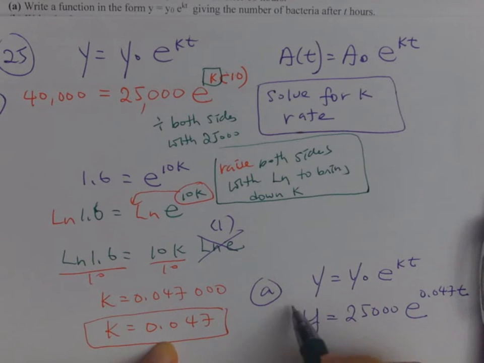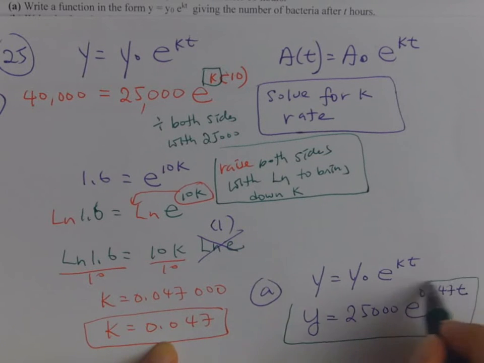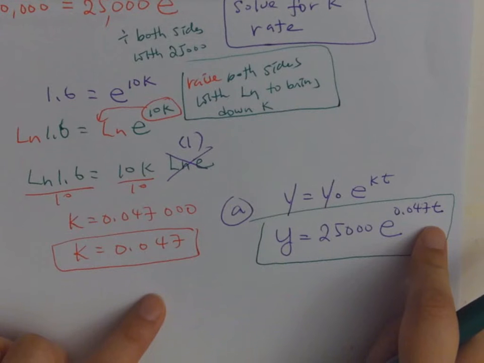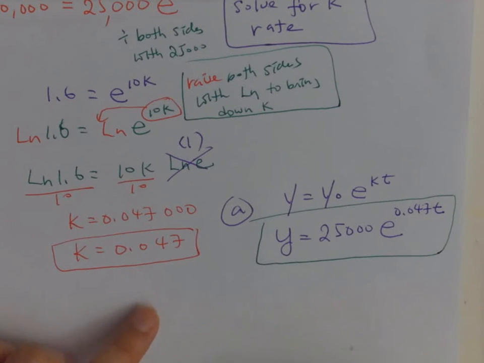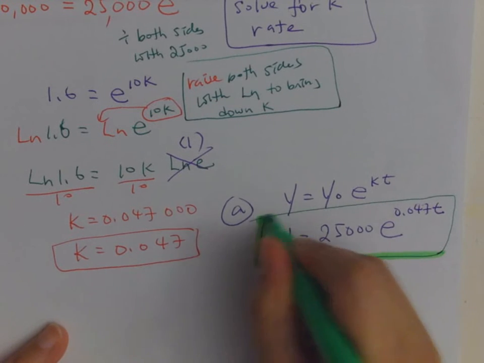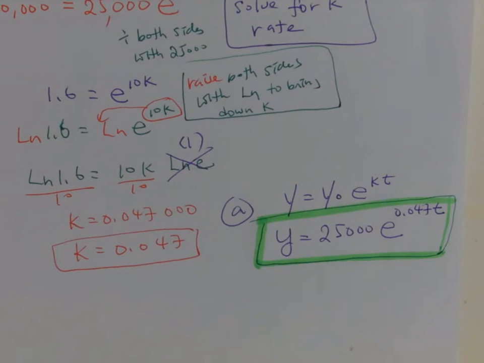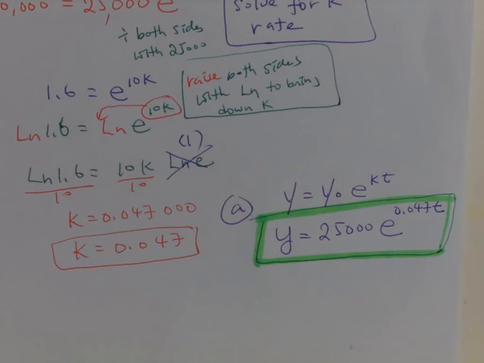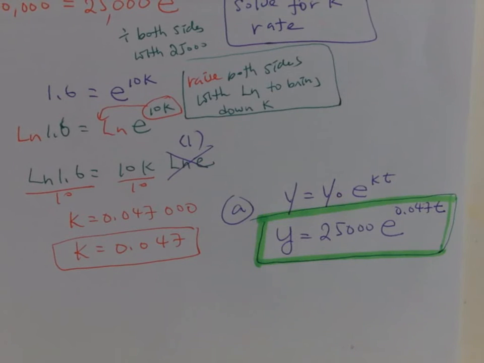So this is the function you can use when they give you different amounts for the t part. So this is the function they want you to write for this particular question. So this is the answer for A. All we did is we tried to solve for k, the rate value.